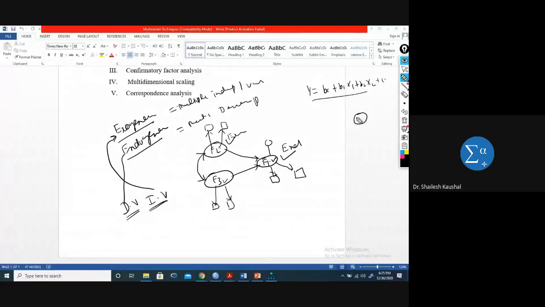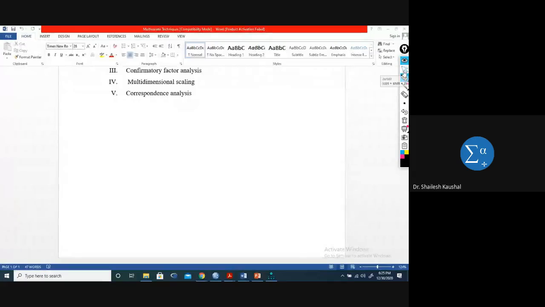This is my dependent variable y, and it is influenced by x1 and x2, and there is a correlation between them. I can write the same equation in picture form as a path diagram. So we use path diagrams in structural equation modeling to explain the phenomena.